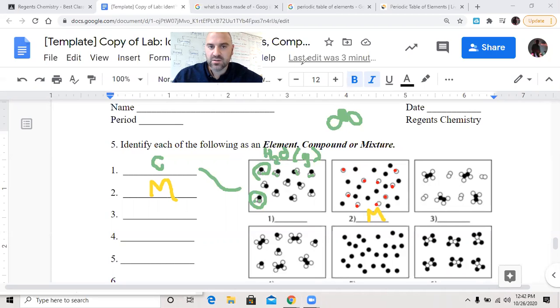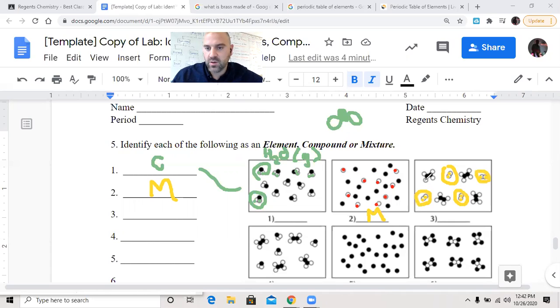So analyze the particles. Yes, Joey. So I have 2 spheres together. There's 1 compound. So that's 1 compound. Yes, Kai.